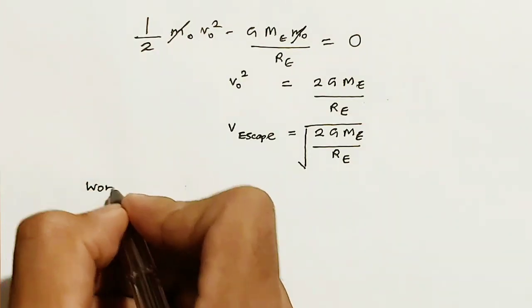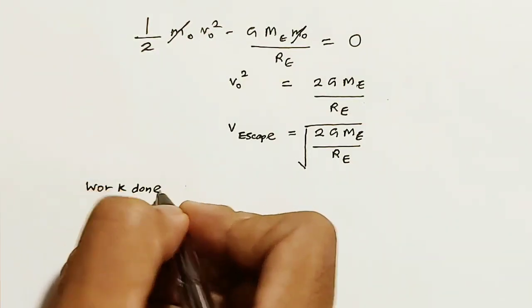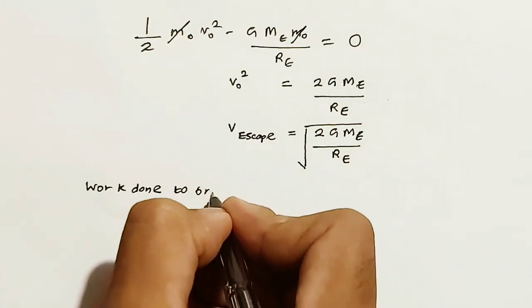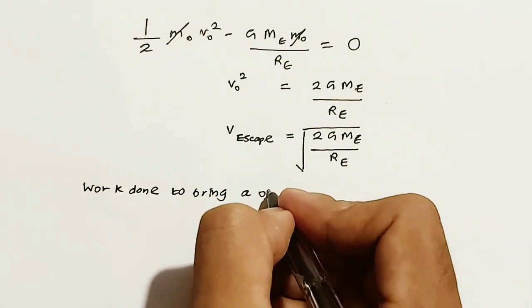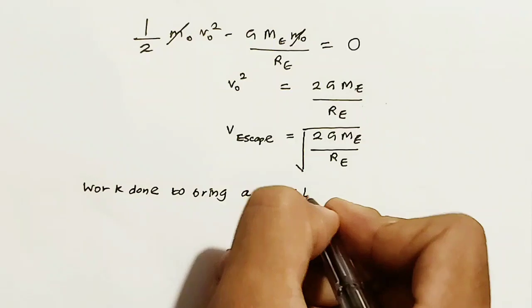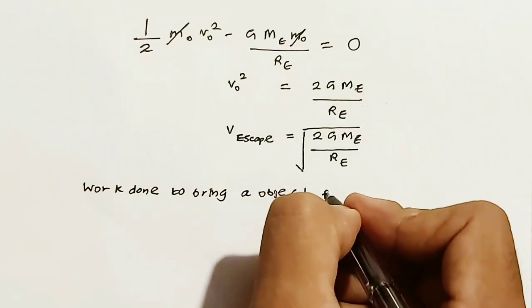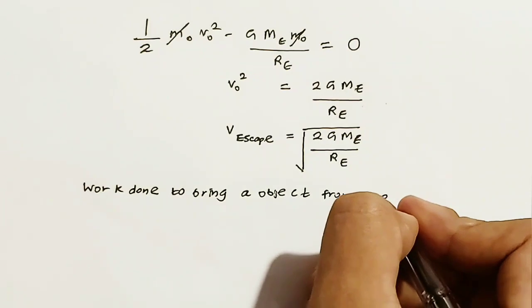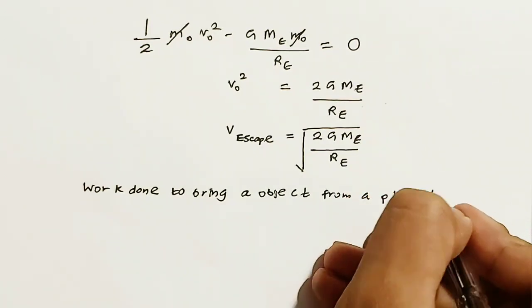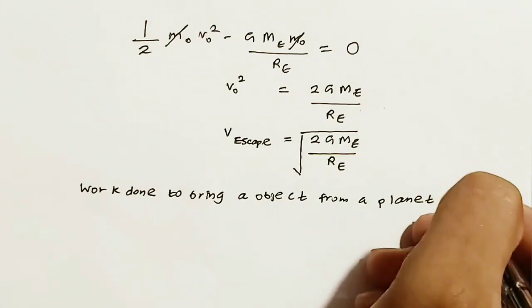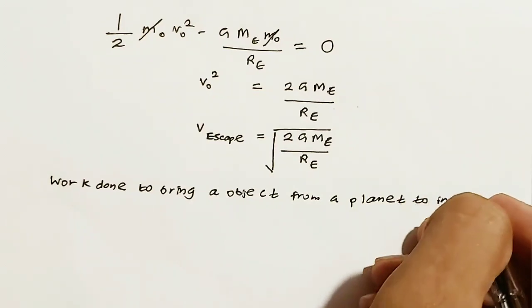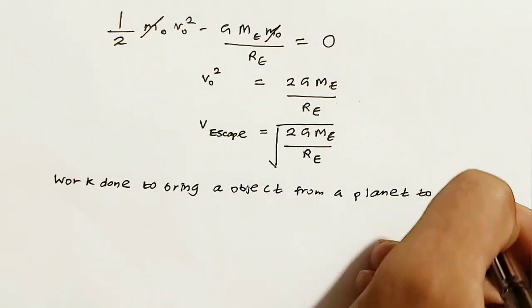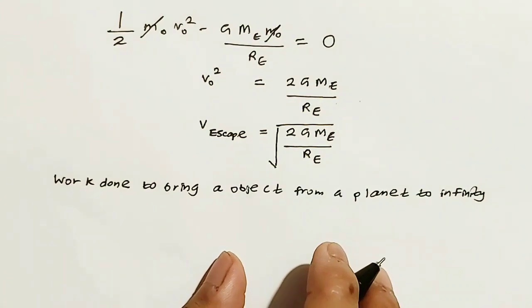So the work done to bring a mass or object from a planet to infinity. This is another simplification we can do for this equation.